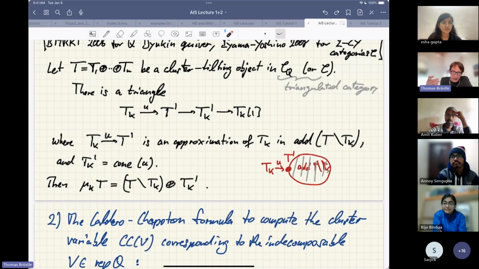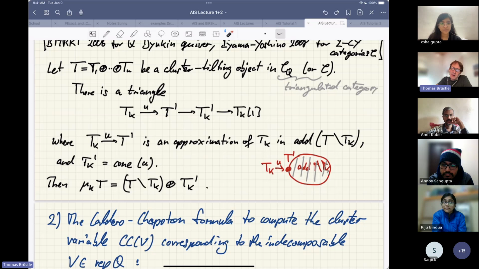We have this bijection between indecomposable objects in the cluster category and cluster variables. So we know that every object in the cluster category corresponds to exactly one cluster variable.